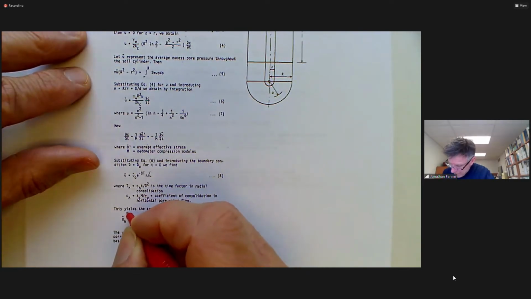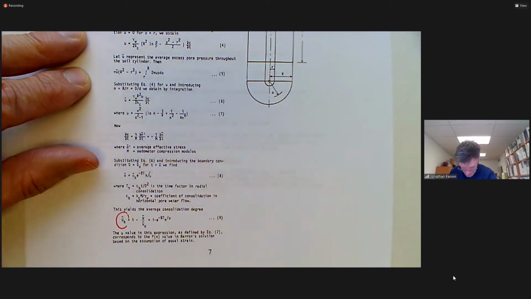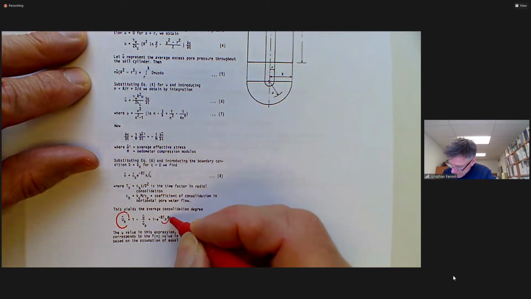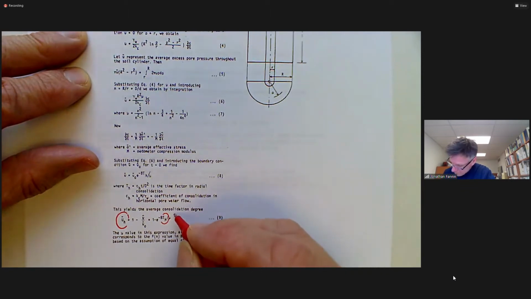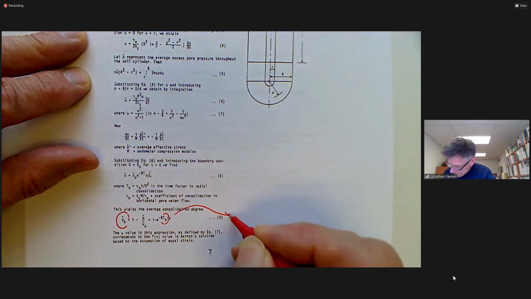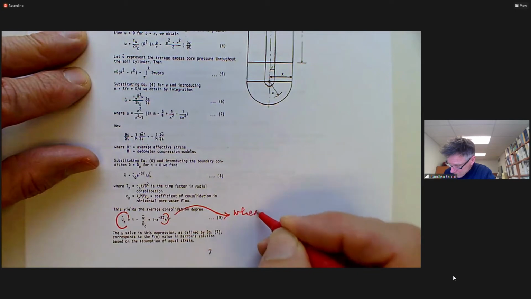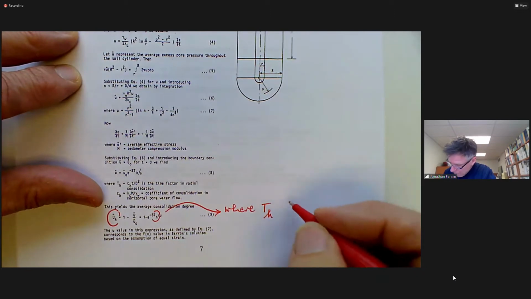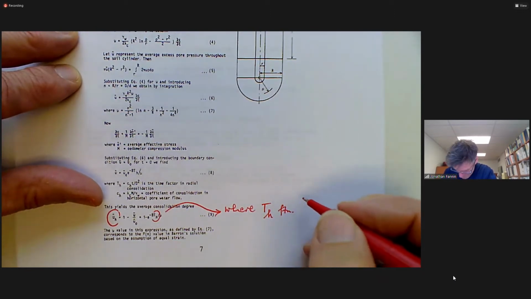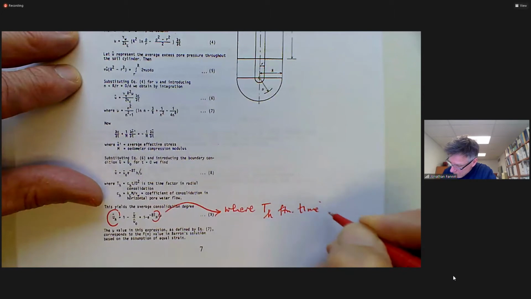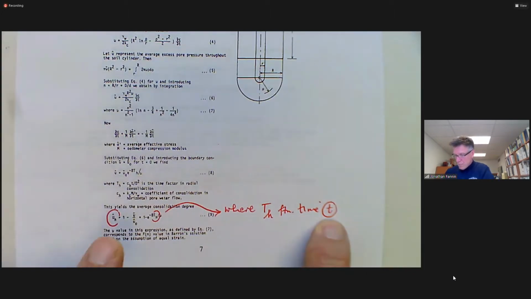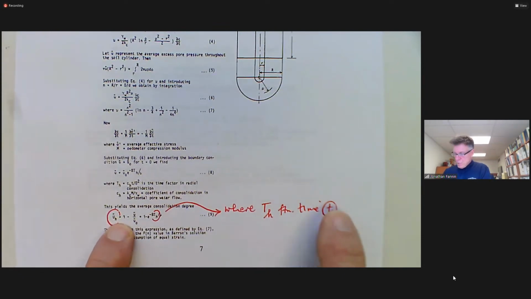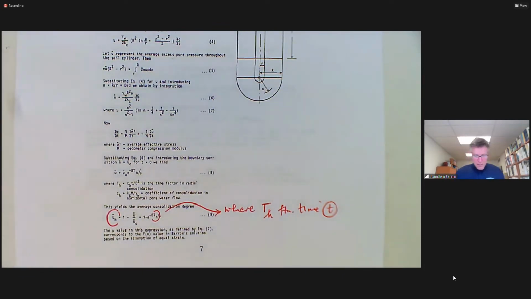So we have the degree of consolidation due to radial drainage only, correlated to a time factor, where the time factor itself is a function of time, t. And this is really what we want, the relation between these two, okay? And we've seen it already.